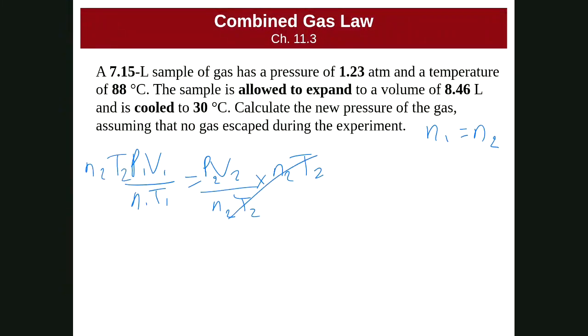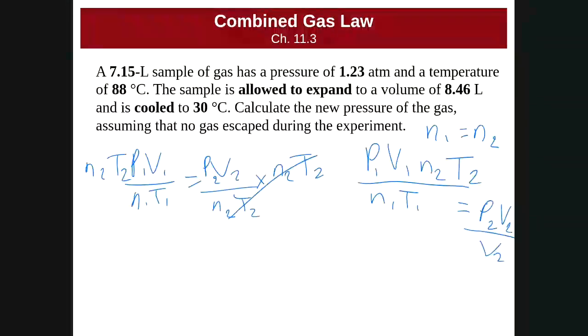And then we're going to have P1 V1 N2 T2 over N1 T1 equal to P2 V2. So last step is to divide by V2. So that means V2 is going to be on the bottom of our set of variables.